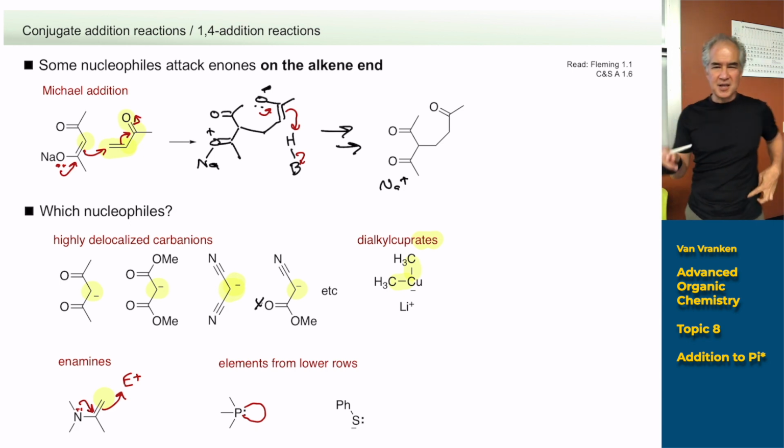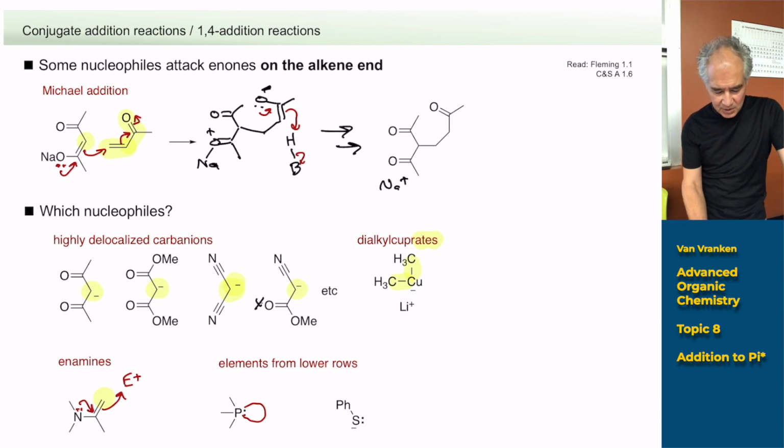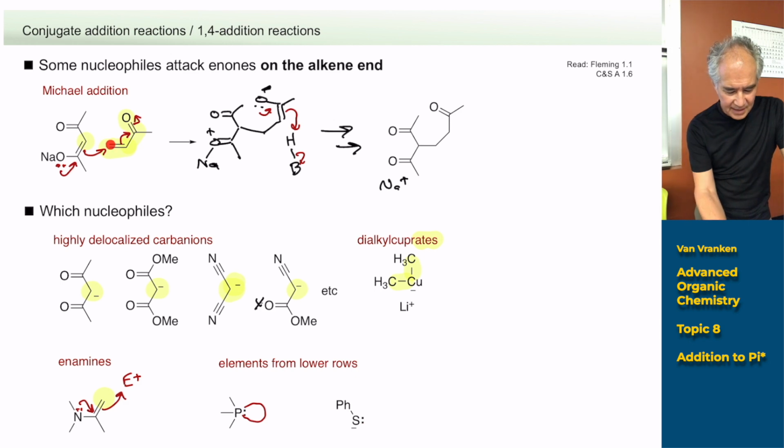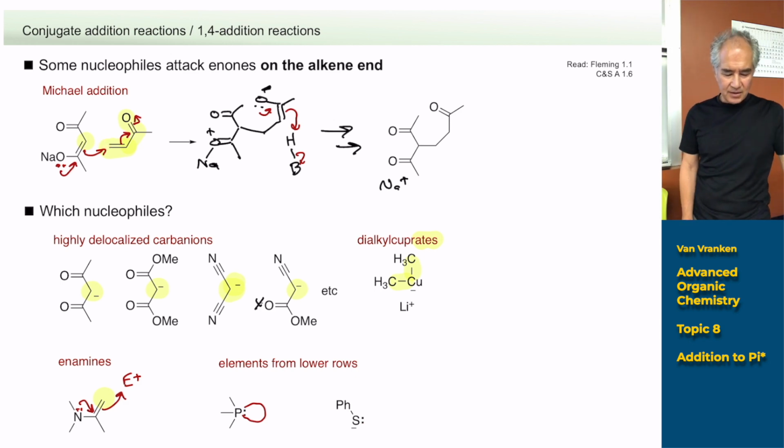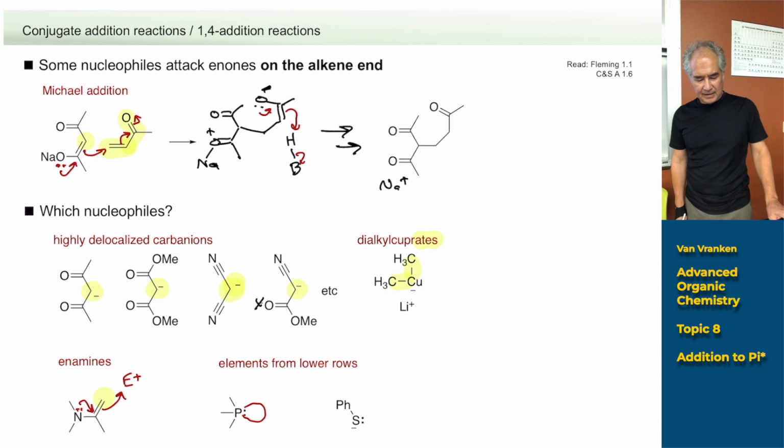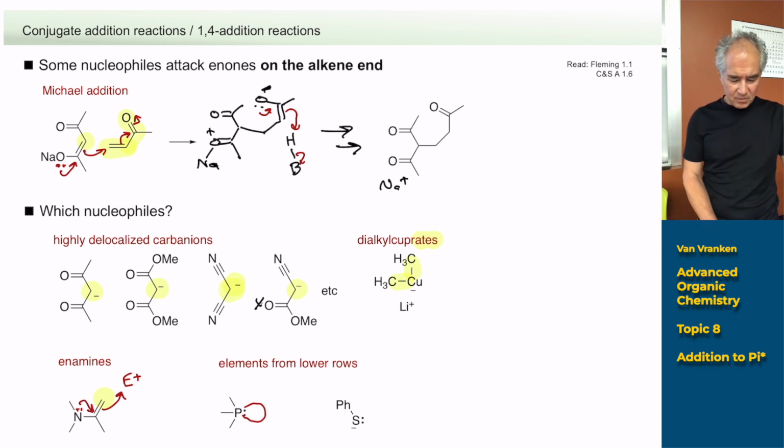The negative charge is not focused on a single atom, it's spread out. And so the same thing is what you would expect for sulfur. You would expect sulfur lone pairs to add to this end carbon of enones, not on the carbonyl oxygen. But in most cases, if this did add to the carbonyl, it would just get pushed right back out, so you can't tell.